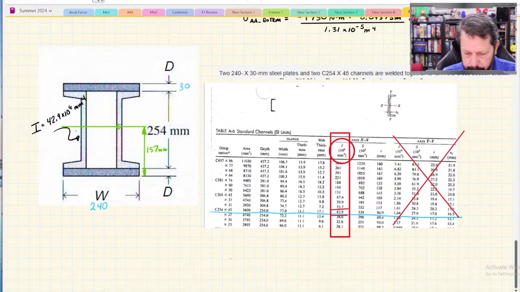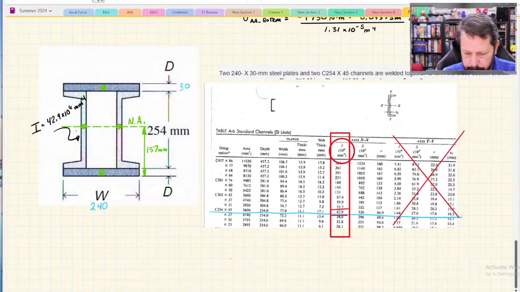The centroid for the C shapes lands right on top of it. The centroid for the darker gray shapes is not on top of it, so I will have to use the parallel axis theorem for the plates, but not for the channels, the C. And I don't have to go find the centroid. I can do it by observation, since the part is symmetric about this neutral axis that I've drawn.